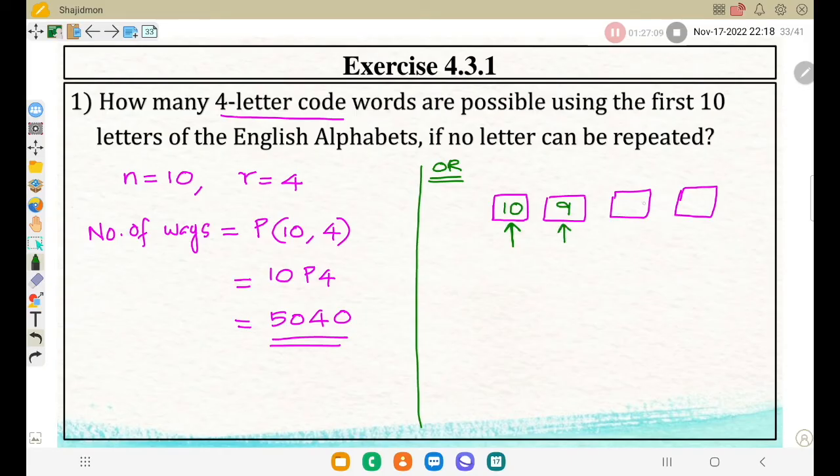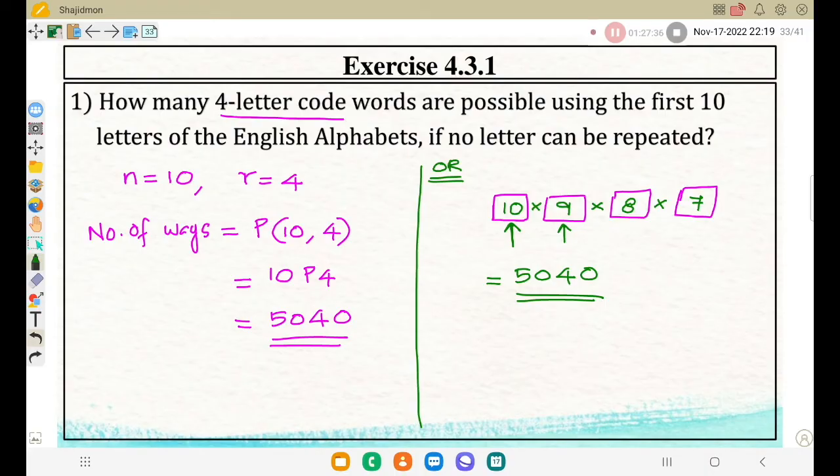Third one, 8 available. Fourth one, 7 available. So totally 10 multiplied by 9 multiplied by 8 multiplied by 7 by the multiplication rule. The same answer, 5040. You can answer either this way or this way, both are the same, as per your understanding.